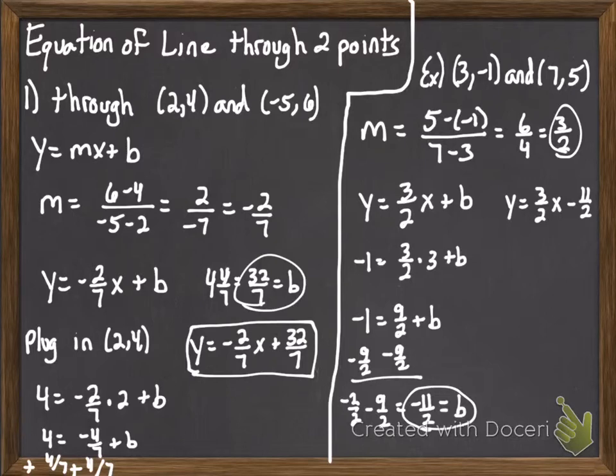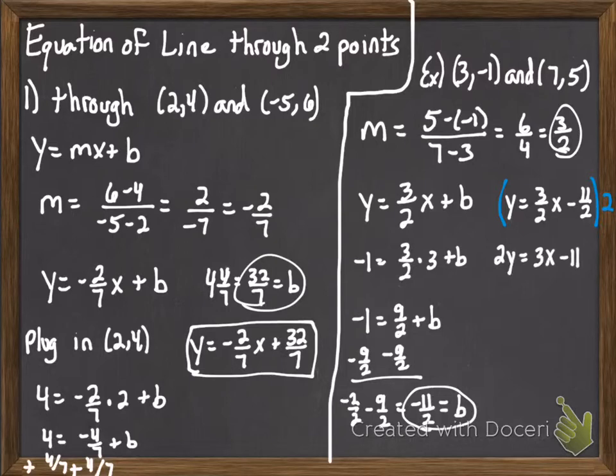Now sometimes, instead of having your equation in slope-intercept form, as we've written both of these, you may be asked to put it in general form. If you go back a video, general form was discussed and how to do that, but we'll review it here as well. Remember, to put an equation in general form, we want the x's and y's on the same side and no fractions. So we take our equation here and multiply by 2.